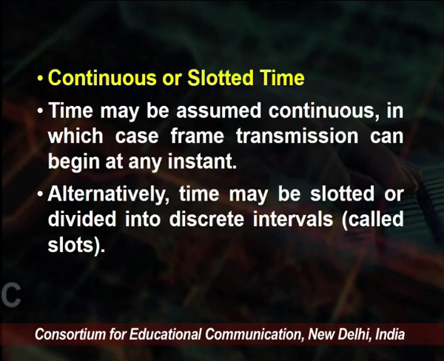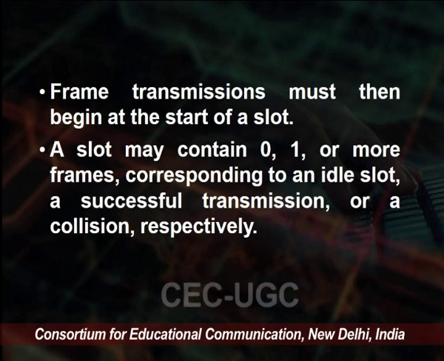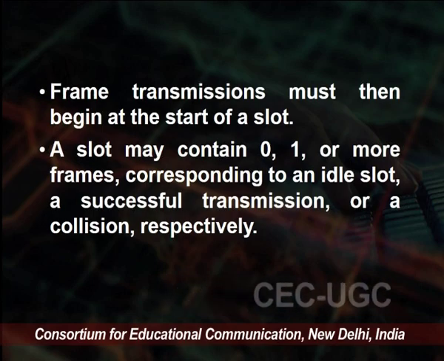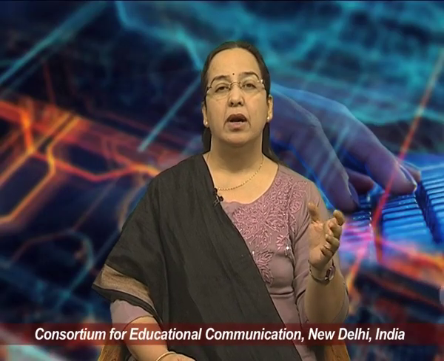What is the utility of these slots? The frame transmission must then begin at the start of a slot. If time is continuous, frame transmission can begin at any instant. If it is slotted, frame transmission must begin at the start of the slot.